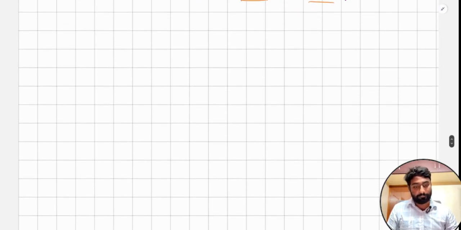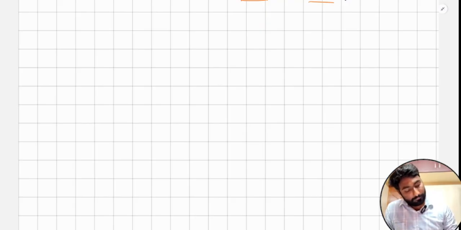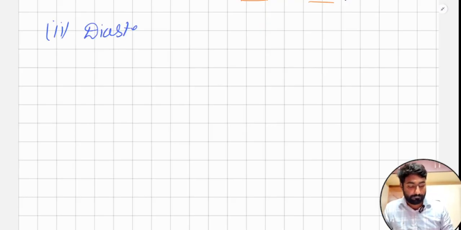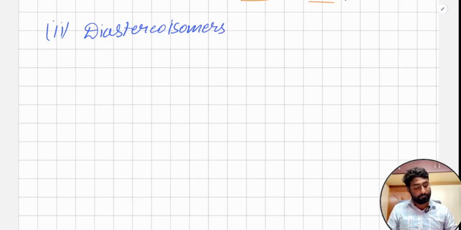Now we are going to discuss diastereomers. If enantiomers are mirror images, diastereomers are not mirror images. Simple.